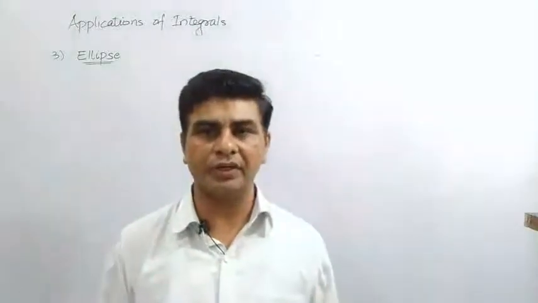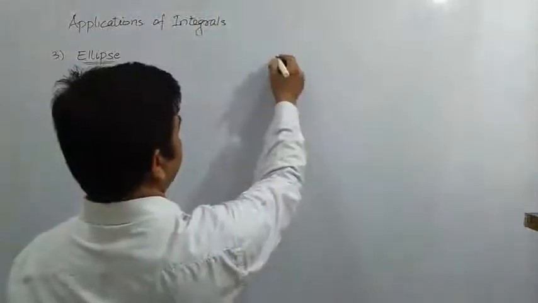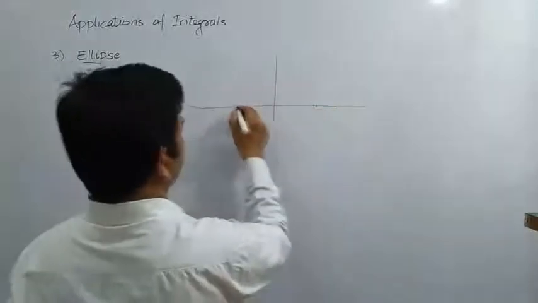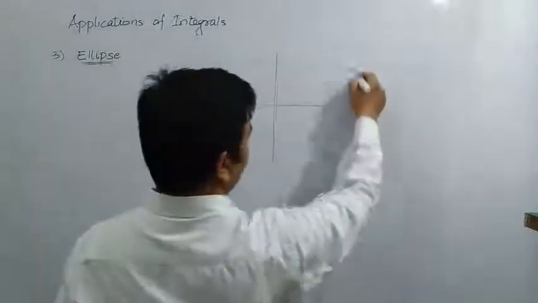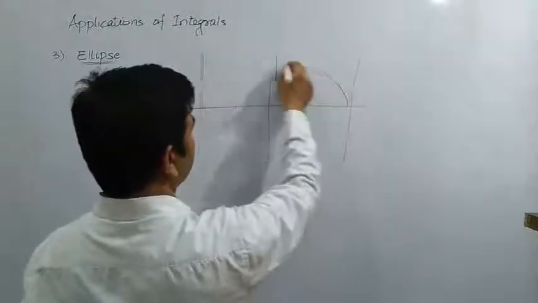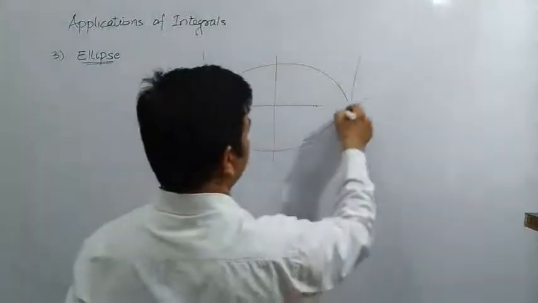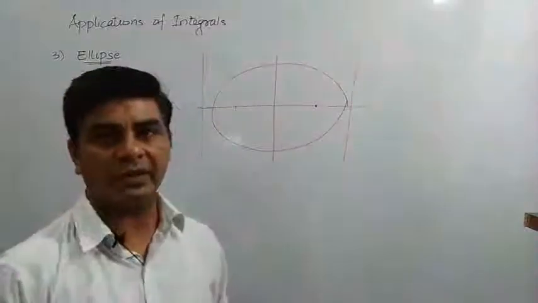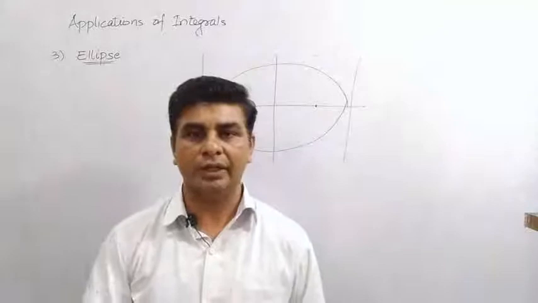We have two fixed lines and two fixed points on the x-axis like this. Then the locus of all those points whose ratio of distance from the fixed point to the fixed line is less than 1 is known as an ellipse.